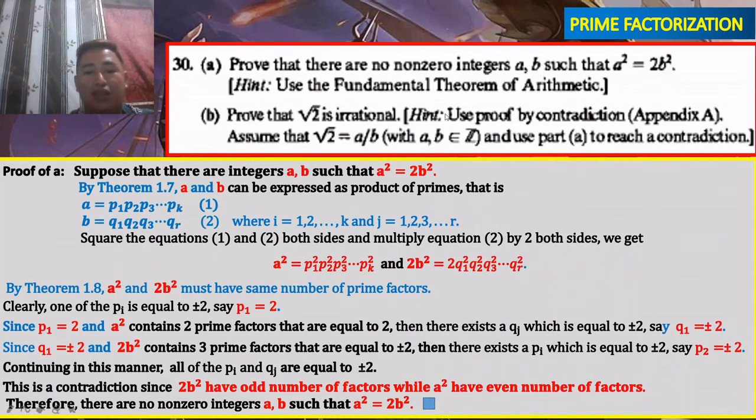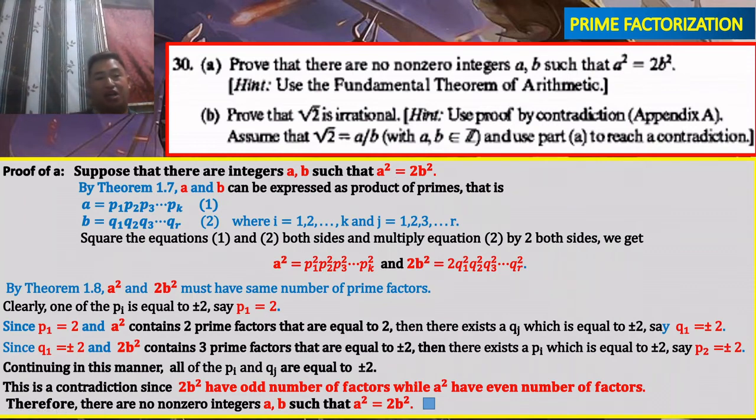Kaya kung A squared is equal to 2B squared, kung 1 ni si B, 1 squared dapat 1 yan, times 2 man ni pikas. So, impossible nga si A o si B equal sa 1.